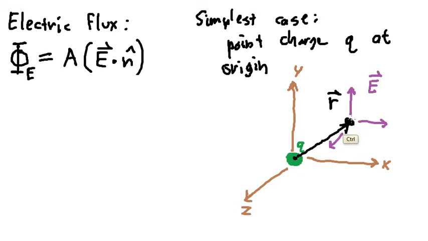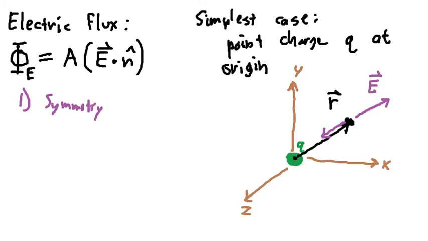So the first thing we know is, let's look at symmetry. Can the electric field be going, say, up like this? Does that really make sense? Well, if it's going up like that, that kind of implies that you could turn this whole problem in a different direction and have it be going like that, for example, or in the direction of the z-axis. So you think about the symmetry of the situation.